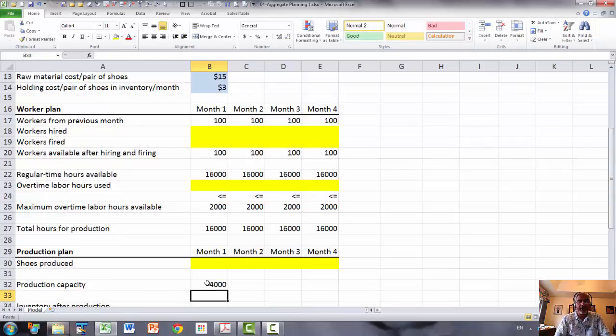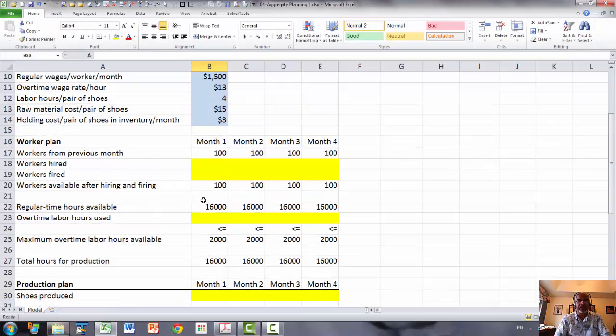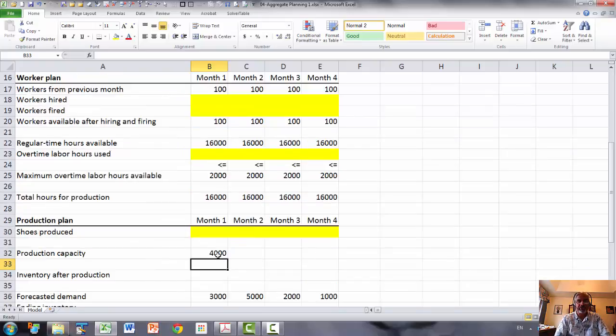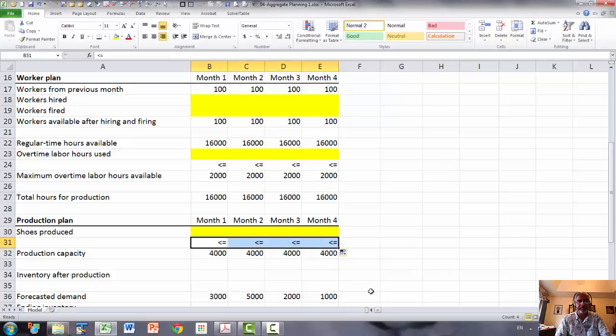That will give you the production capacity: how many shoes can be produced. This is the total hours available, divided by the labor hours per shoe, which gives us the production capacity. Copy that. So shoes produced must be less than or equal to that.